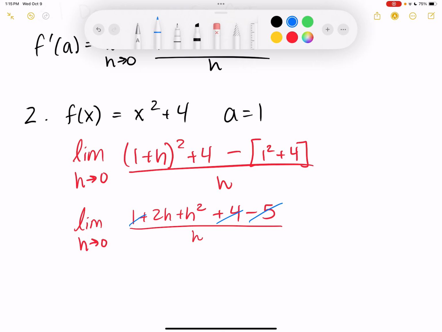And then I can also cancel out the h's like that. So I'm left with the limit as h approaches 0 of 2 plus h, equals 2.